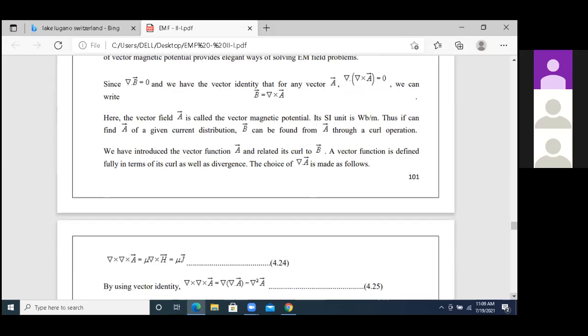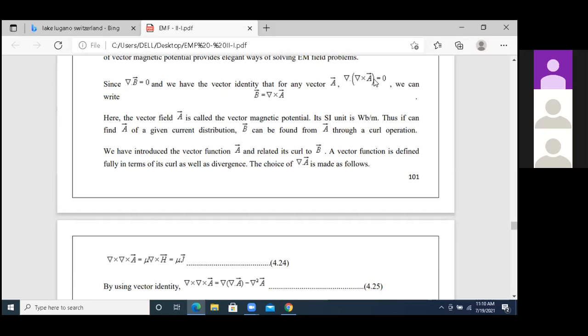Since del dot B equals 0, and we have the vector identity that for any vector A, del dot del cross A equals 0. So this is the identity. So we can write B equal del cross A. Del dot B equals 0.